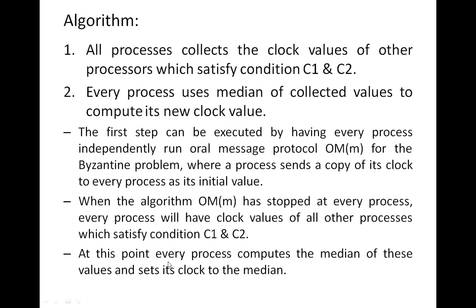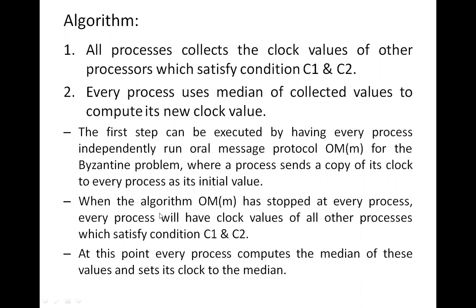Of course, in the case of the oral message protocol, what we have seen is that different processes agree on a common value: after exchanging messages from one process to another, they take the majority of the values and reach consensus, and that value will be the final value.